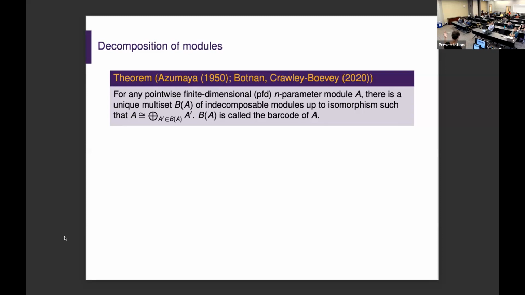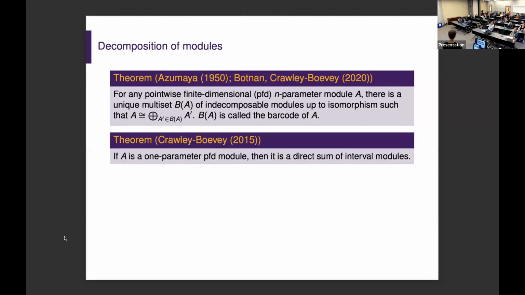So we have this essentially unique decomposition, which means that we can define the barcode of a module, which is just this multiset of indecomposable modules showing up in this direct sum. And this notion of barcode is inspired by the 1-parameter case, where you're going to see these actual bars or intervals showing up, which we'll see in a moment.